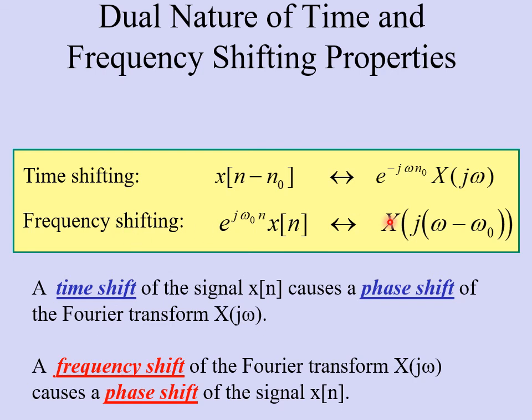For frequency shifting, what we're doing is we're shifting the transform by some amount omega naught, and that produces a phase term e to the j omega naught n in the time domain. So you can sort of see these two properties have a sort of duality to them. A time shift in time causes a phase shift in frequency, and a frequency shift causes a phase shift in time, conversely. So that is it for part 2 of this video lecture.